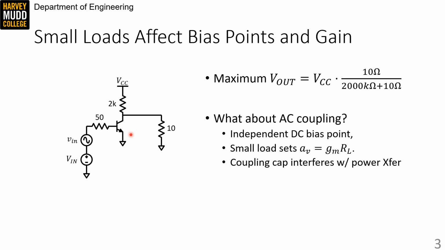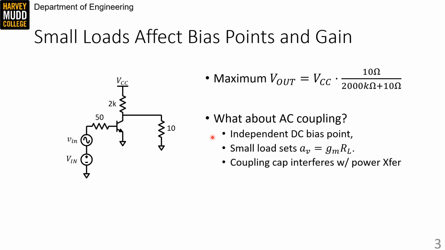So I guess it would, in the sense that our collector voltage would become independent of the voltage of our load at DC. However, the small load still limits the gain, because it will appear in parallel with our collector resistance in a small signal model. So it's not clear that we'd be faithfully driving the V-in signal onto the load.